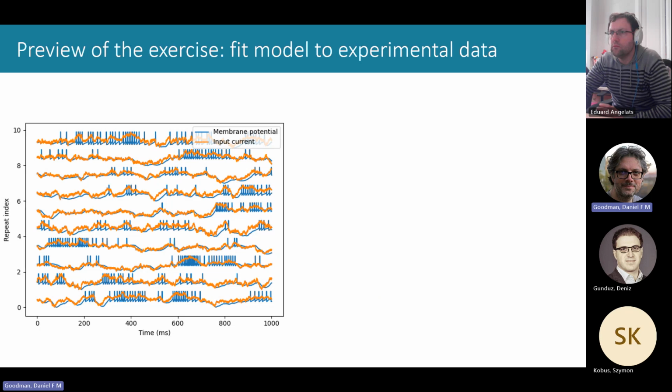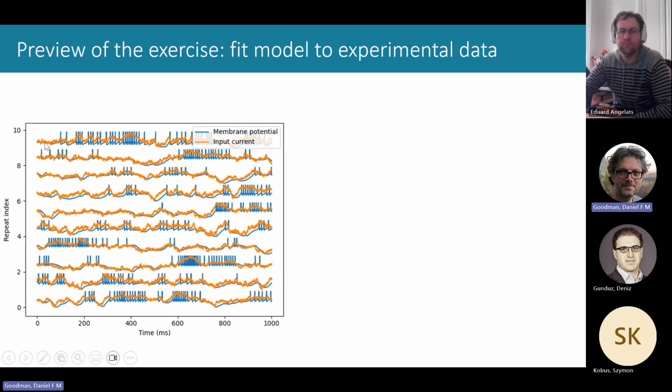And the experimental data comes from a competition that was run maybe around 2008, something like that, where they put an electrode into a neuron, and rather than record the current, they would inject a current into that neuron, and that's these orange lines here. And these were just random walk currents, just to give some interesting input to the neuron.